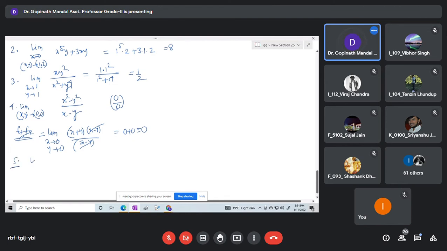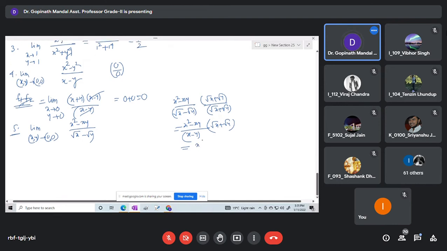Number 5. Limit xy tends to 0, 0, x squared minus xy over root x minus root y. So first we rationalize this. Multiply by root x plus root y. So this will be x squared minus xy, below will be x minus y, root x plus root y.